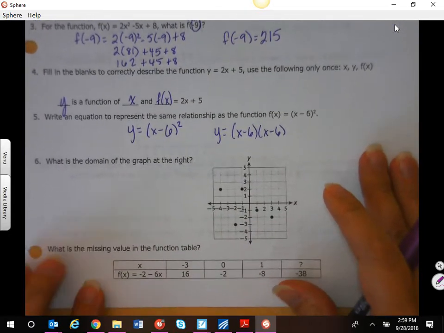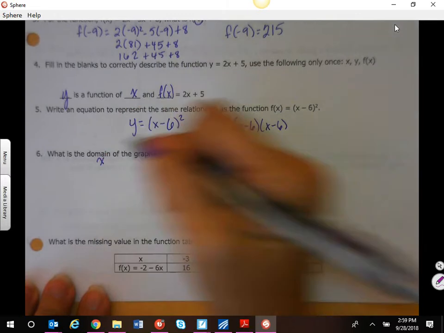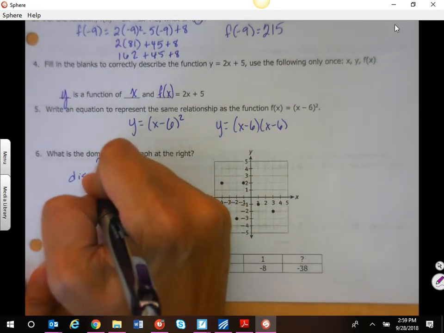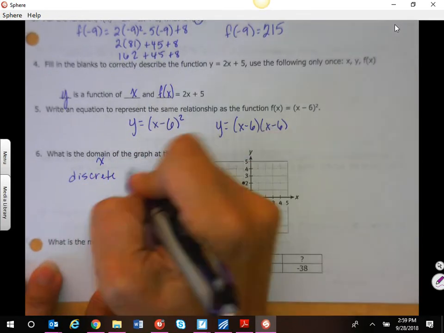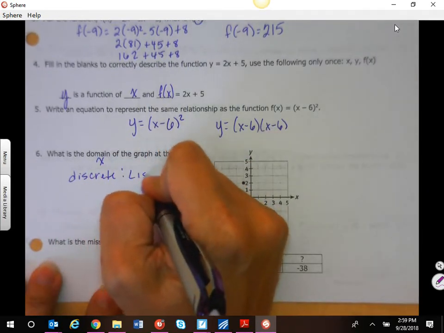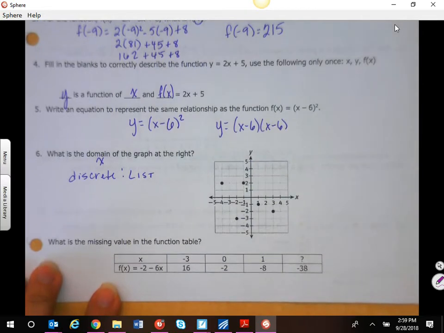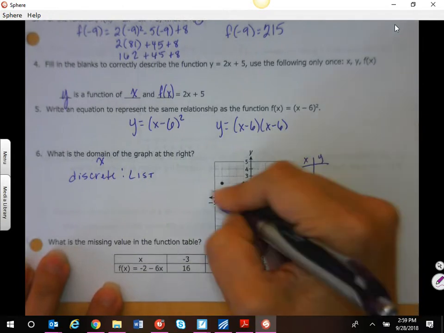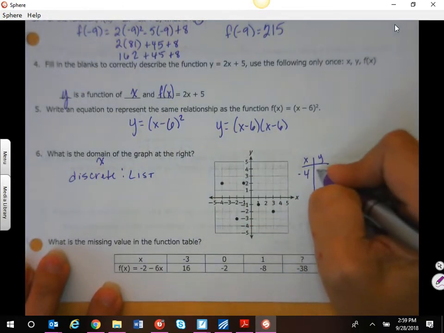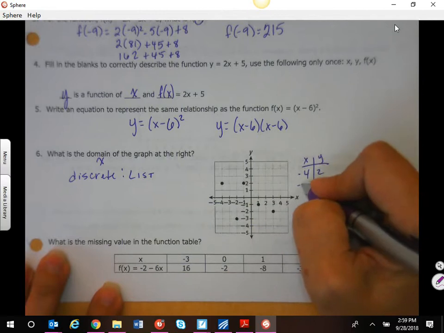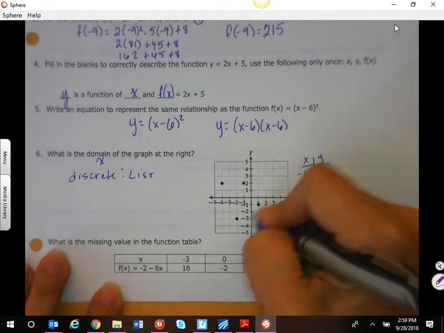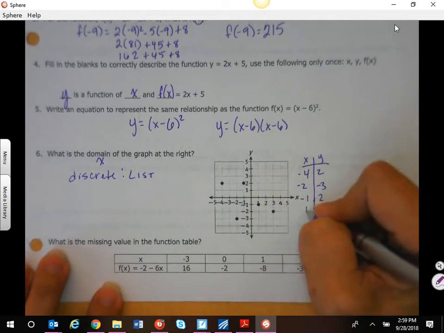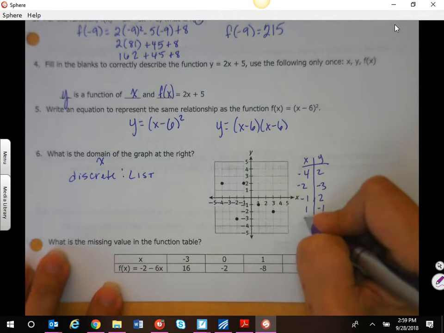What is the domain of the graph? Domain means x, so we're looking at all of our x pieces right now. Again, this is discrete data because there are dots, so we're going to list our domain and range. If you wanted to, you could make a table of values: -4, 2; -2, -3; -1, 2; 1, -1; and 3, -2.